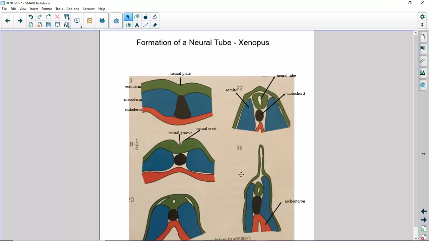The neural tube then is going to begin to elongate in all organisms. And the neural tube is going to be responsible for the central nervous system, the brain and the spinal cord. All right, the cells of the neural crest that you can see going back there are going to really give you the components of the peripheral nervous system.